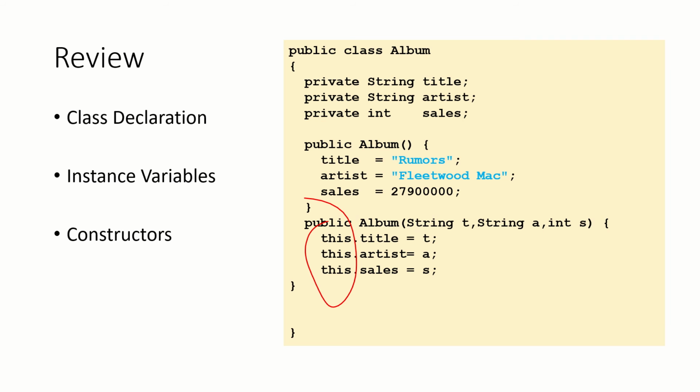So if I call this one, Oven A1 = new Oven(A, B, 20).